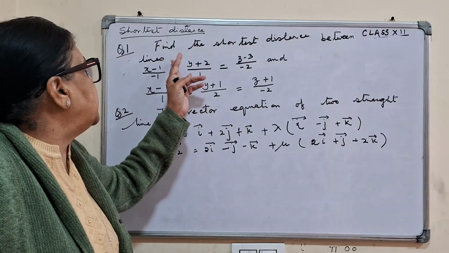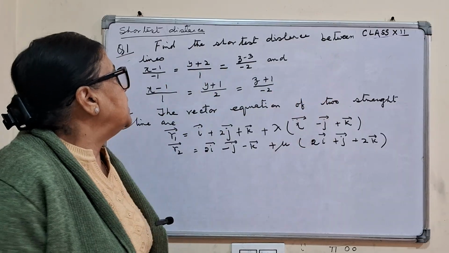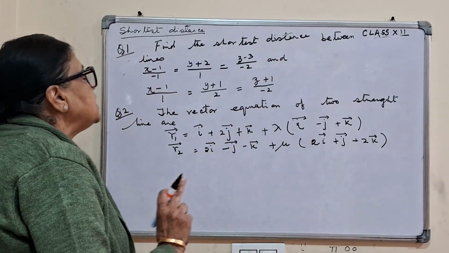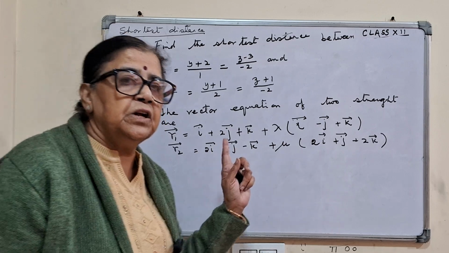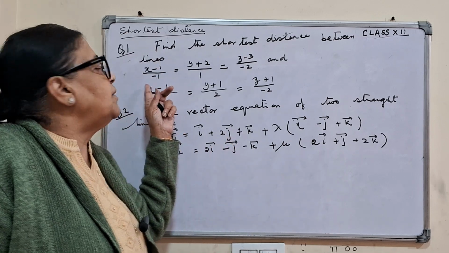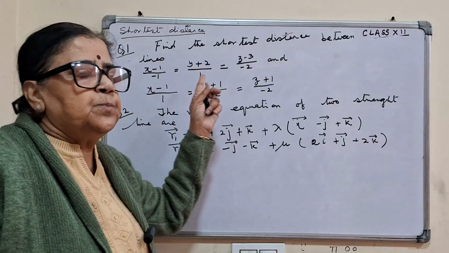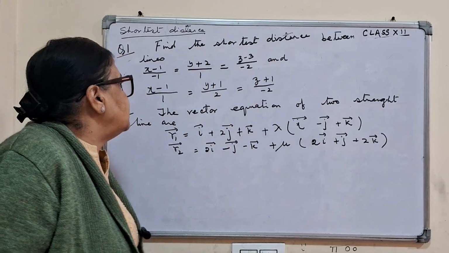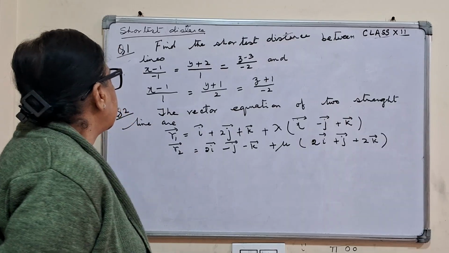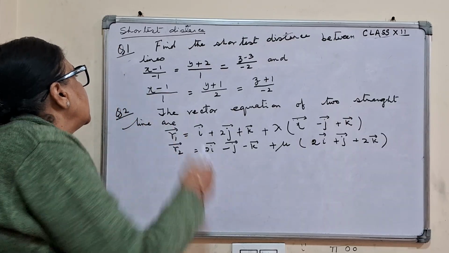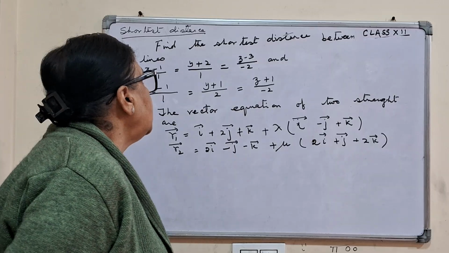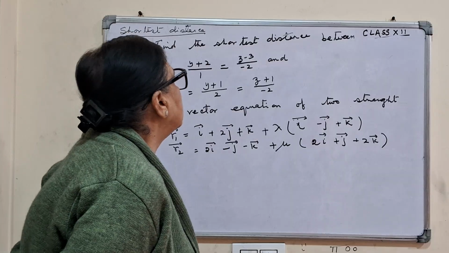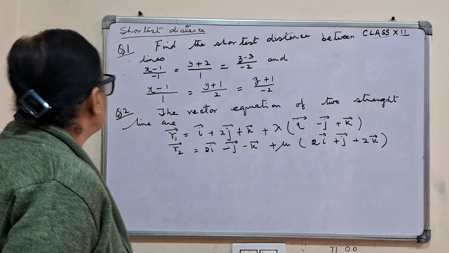Find the shortest distance between the lines. The first is given in Cartesian form: x minus 1 divided by minus 1 is equal to y plus 2 divided by 1, equal to z minus 3 divided by minus 2, and the second is x minus 1 divided by 1, equal to y plus 1 divided by 2, equal to z plus 1 divided by minus 2.